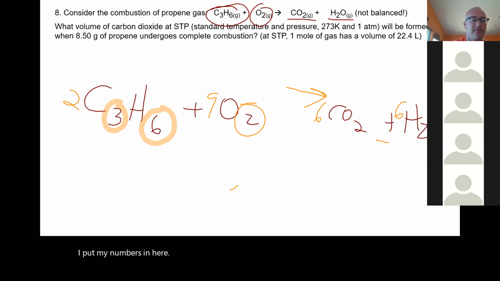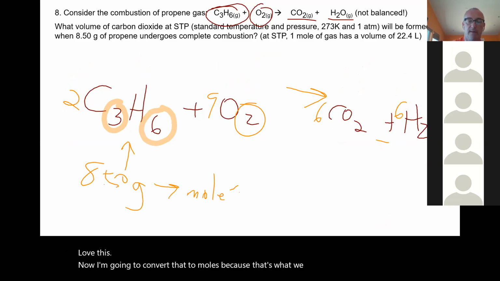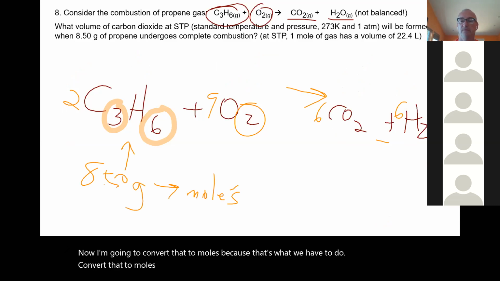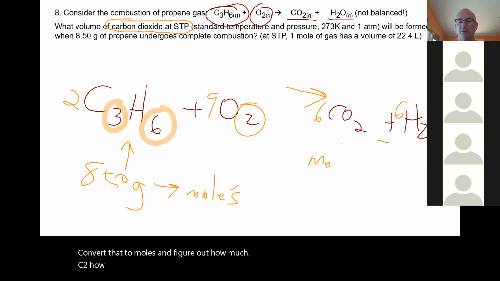So I have 8.50 grams of this, okay? Now I'm going to convert that to moles, because that's what we have to do, and figure out how many moles of CO2 are formed.